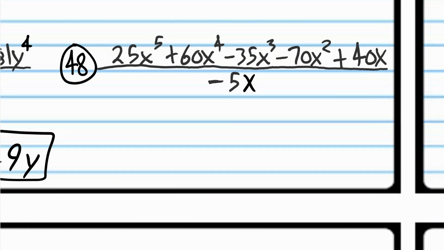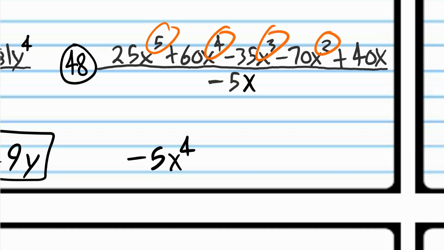25 divided by negative 5 is negative 5. X to the 5th divided by x is x to the 4th. So we're just reducing all these powers by 1. 60 divided by negative 5 is negative 12.